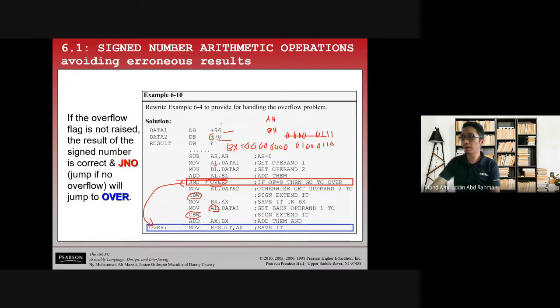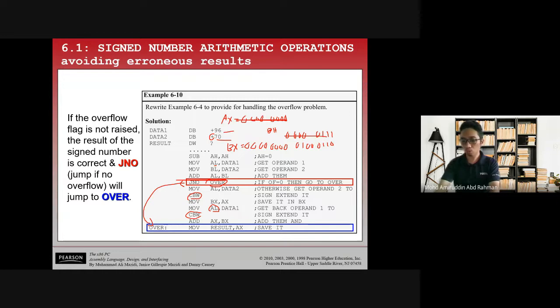And then your AX will be 96. So it will be 0, 0, 0, 0, 0, 0, 0, and then 96.